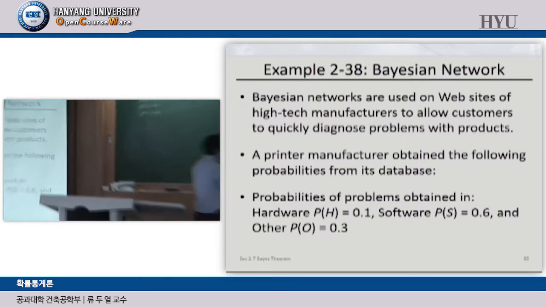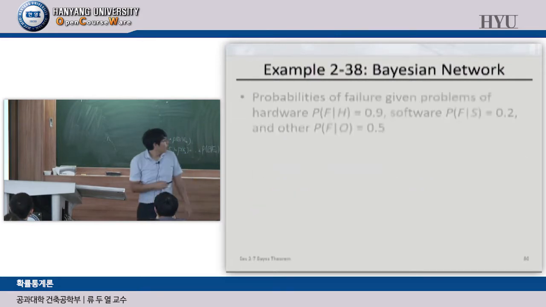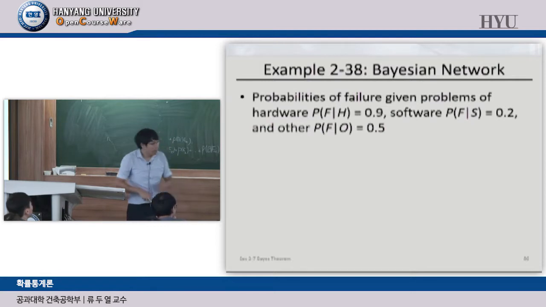And these are the probabilities of obtaining problems in hardware, software, and other. And the probabilities of failure given problems, which is the conditional probability, of hardware is 0.9, software is 0.2, and other is 0.5.